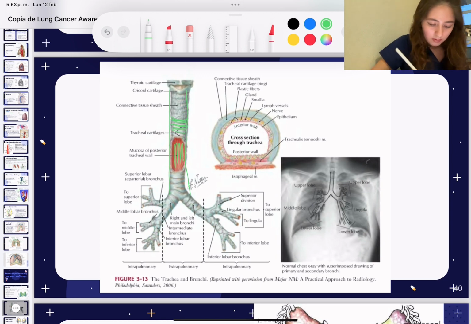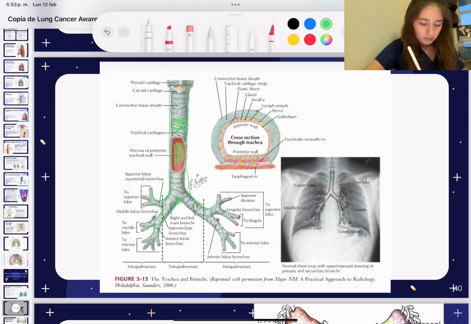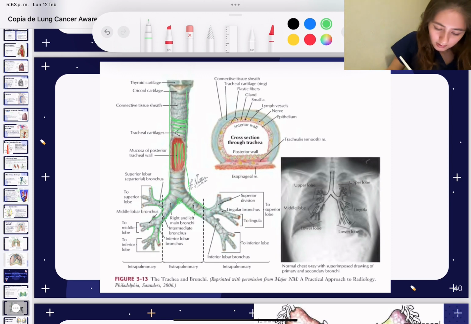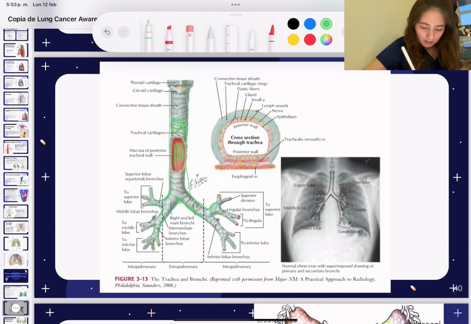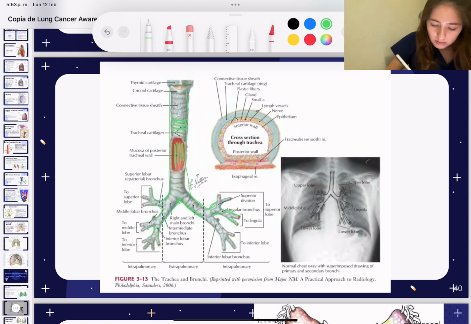Okay, let's start. This is carina, main bronchi, superior lobar, middle lobar, and inferior lobar. We have main bronchus, the superior division, then lingular bronchus and superior division.